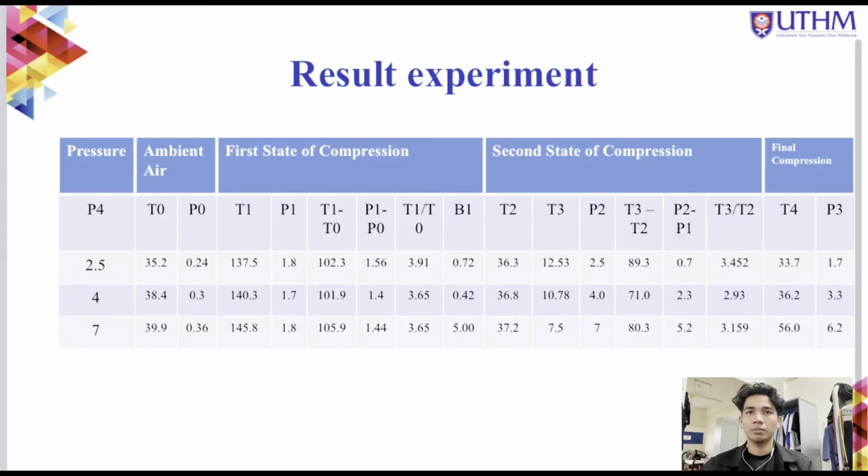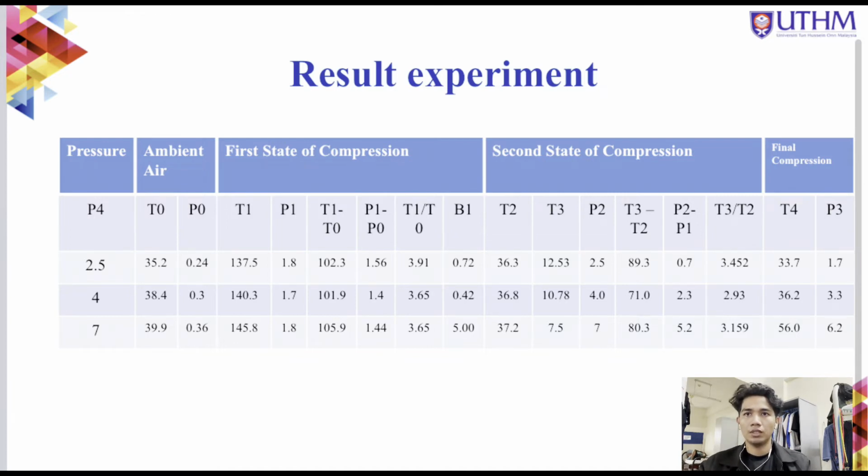Next, I will present about the result of the experiment. So first we have the pressure, ambient air, and first stage of compression, then second stage of compression, and final compression. So for pressure we have P4 2.5, 4 and 7.